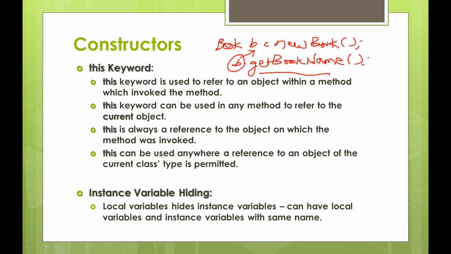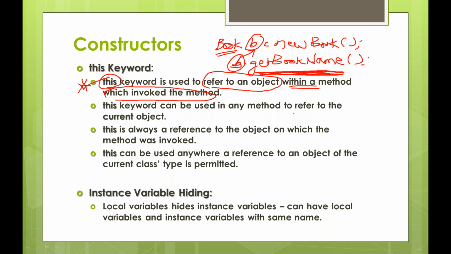This is the object. b is the object of type Book, and on this object I am calling the getBookName method. So according to this statement, the this keyword always refers to an object within a method in which it is invoked.